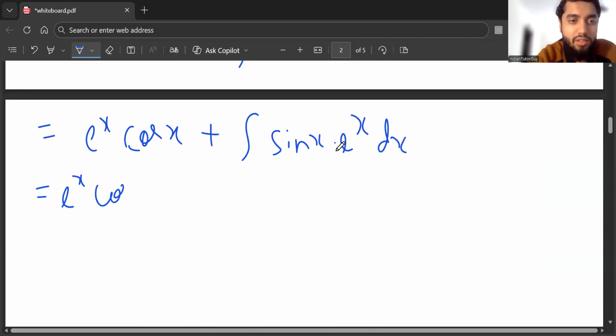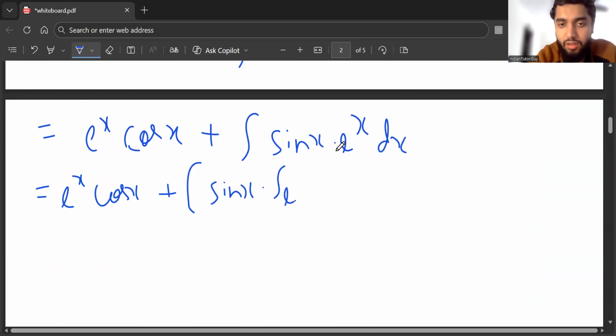e to the x cosine of x plus, so this would be the first function times integral of the second function minus integral of the derivative of the first function.